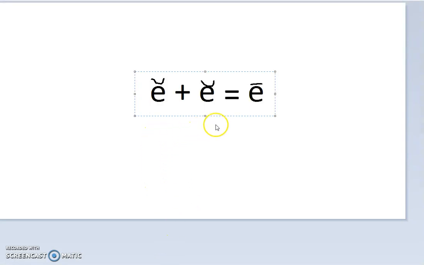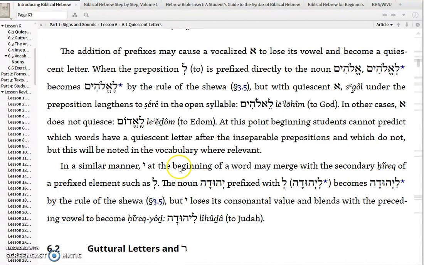A short E plus a short E can add together to form a long E. And so in this case, the short E under La and the short E under Elohim add together to form a long E, and so what you actually see will be Lelohim. And under that circumstance, the aleph has completely lost its value as a consonant. They still write it. That makes it easier to identify what your word is, but it has no sound.